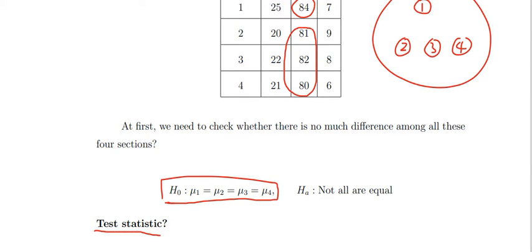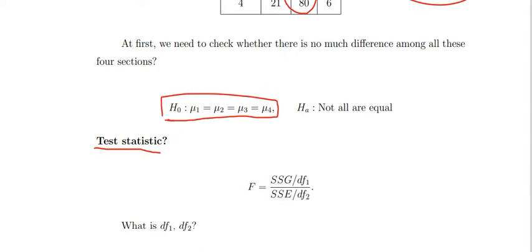We need to check the F table, and the F value is SSG over df1 divided by SSE over its degree of freedom. So what are df1 and df2? df1, the degree of freedom for SSG, is k minus 1.